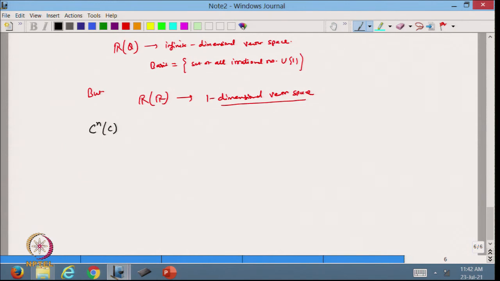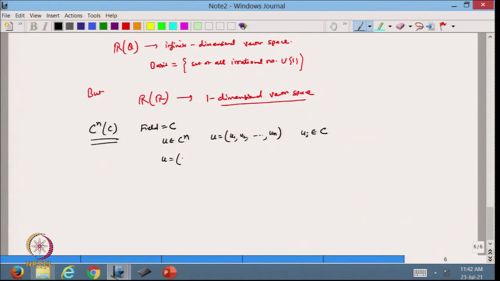So, I am taking Cn over C. It means that the field I am taking is the complex numbers, and if I take any vector, let us take u belongs to Cn, it means u is equal to u1, u2, un, and each ui belongs to the complex numbers.